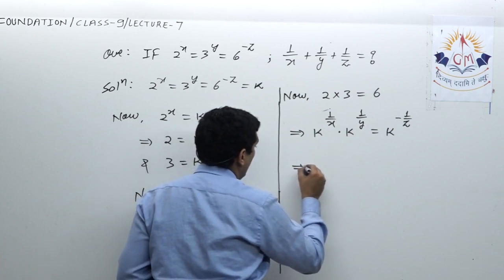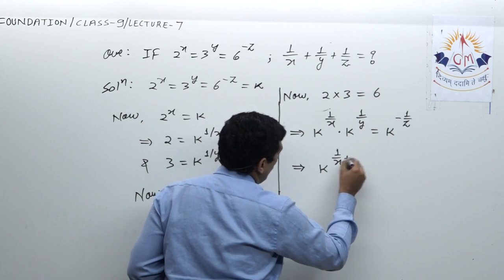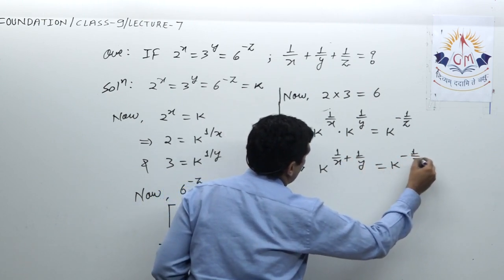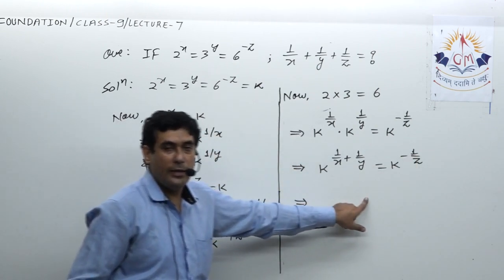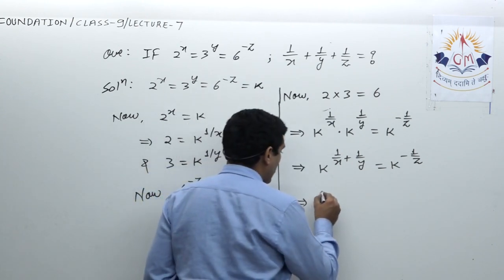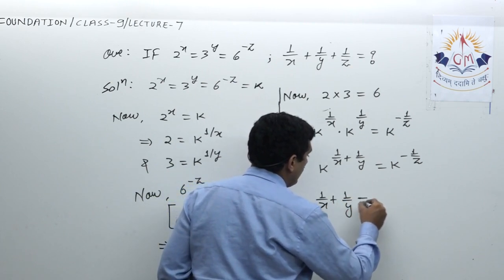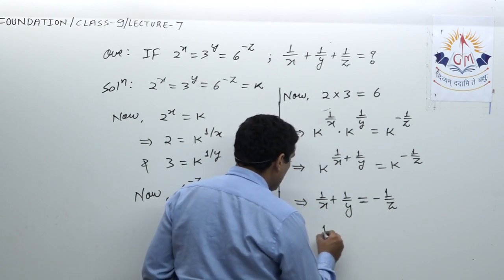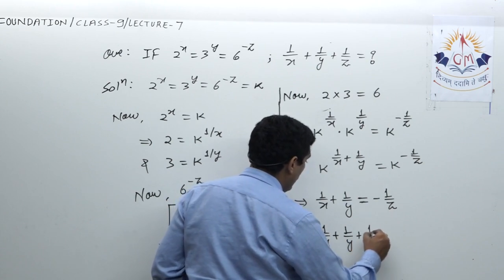Over here bases are same, so I can add the exponents. So 1 upon x plus 1 upon y is equal to minus 1 upon z. Now the bases are same, I can say their exponents will be equal. Now what we need is the value of 1 upon x plus 1 upon y plus 1 upon z.